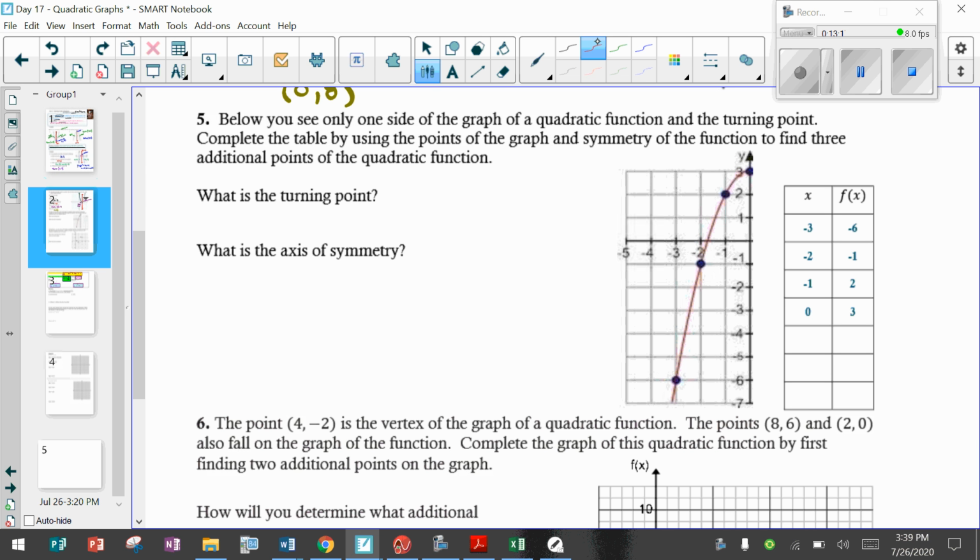Well, let's start with our turning point. Our turning point is the same thing as the vertex. So that's going to be the highest point on the graph because our graph faces upside down. So our turning point is 0, 3, which is also our vertex. If we were to draw the other half of this graph, we know that it would be symmetric, kind of look like that.